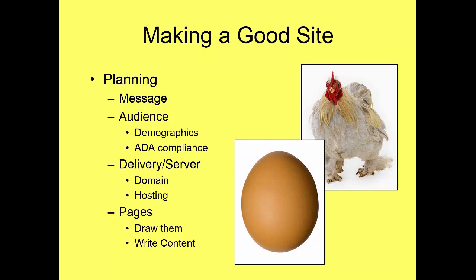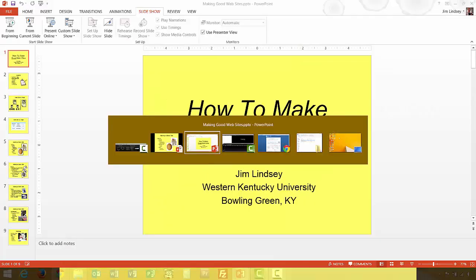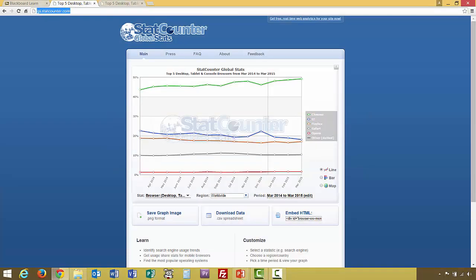And I've got something pulled up here I want to show you. Let me jump over here to this statcounter.com, gs.statcounter.com website. And what this shows you is, for example, what the most commonly used browsers are.